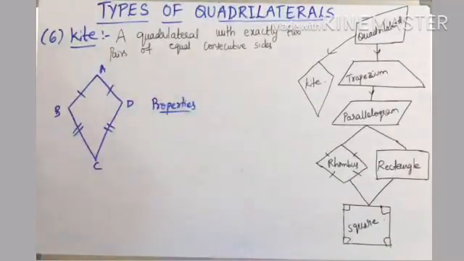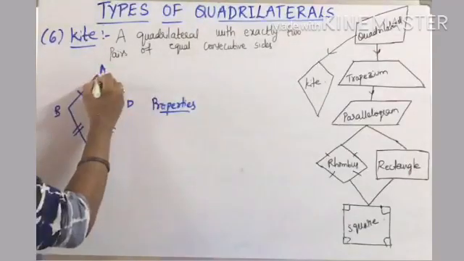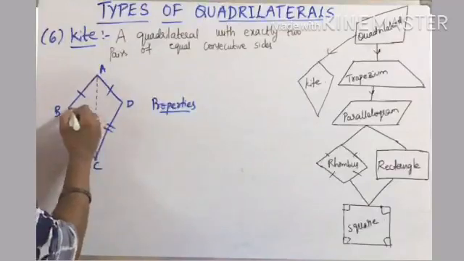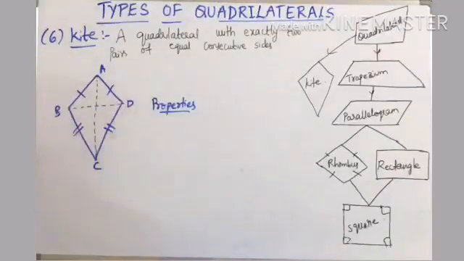Right? Coming to properties. First one, diagonals. What about diagonals here?